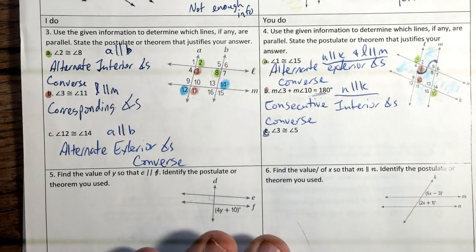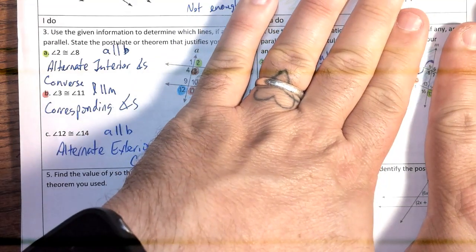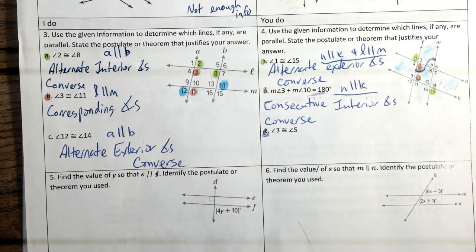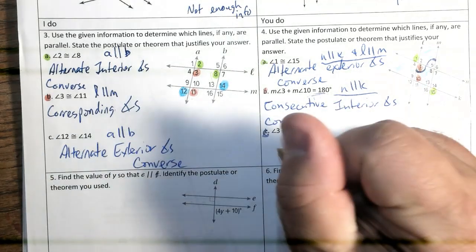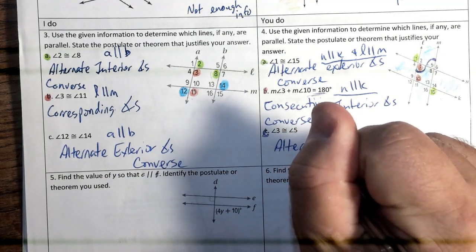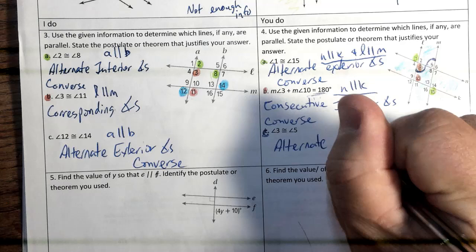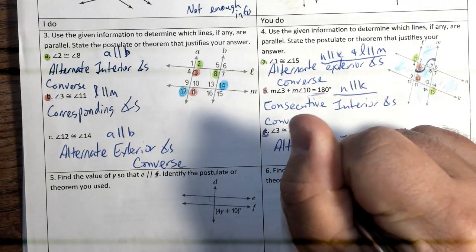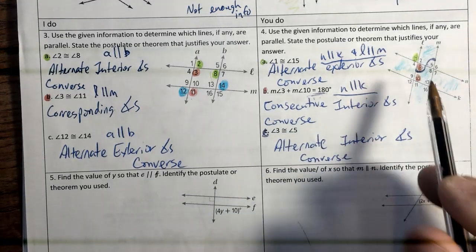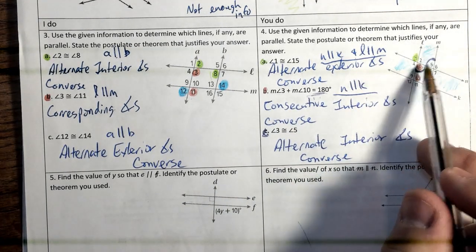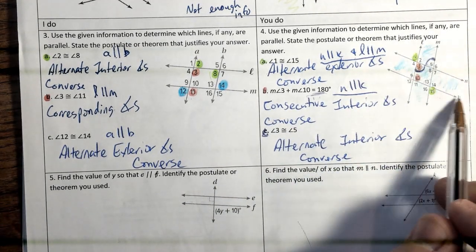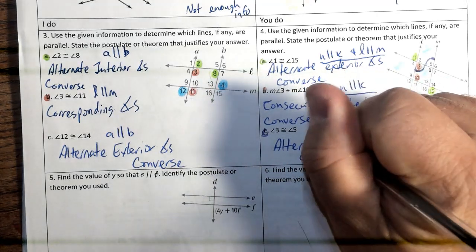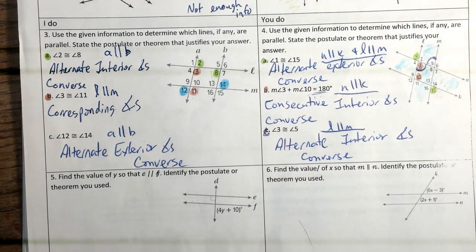So notice 3 and 5 are both interior because they're both in the blue. 3 is on the bottom, 5 is on the top. So those are alternate interior. So that's what we do first. We figure out what type of angles we're dealing with, and then we decide this is the converse. And so this is L and M. It touches both of those. Notice here it touches N, but it doesn't touch K. So L is parallel to M.